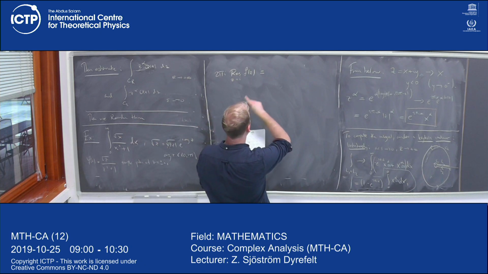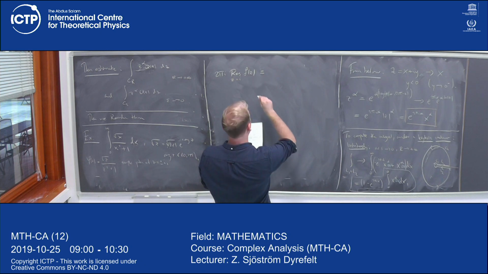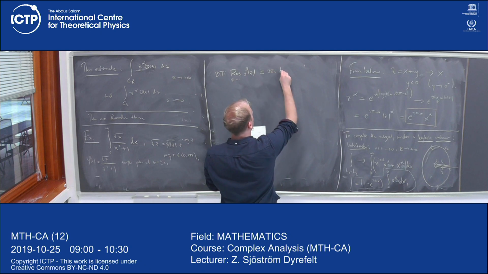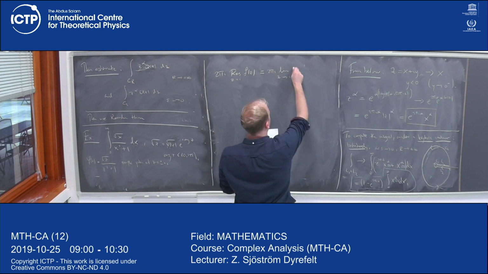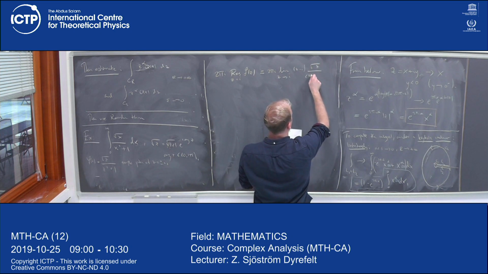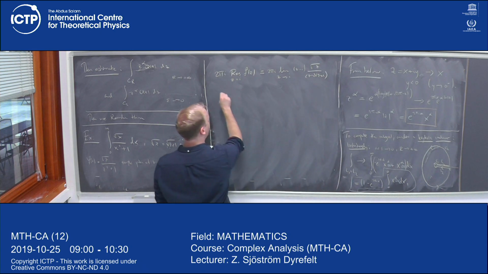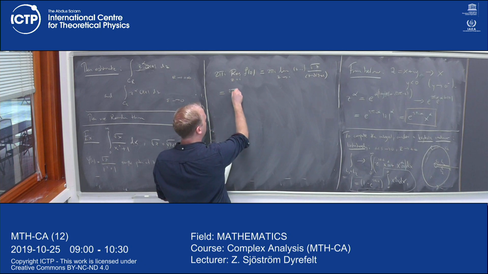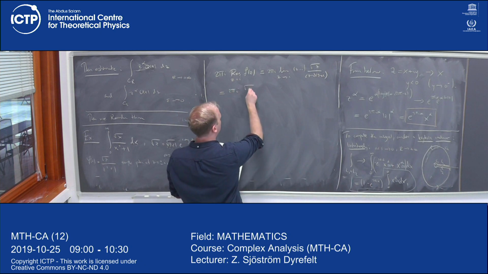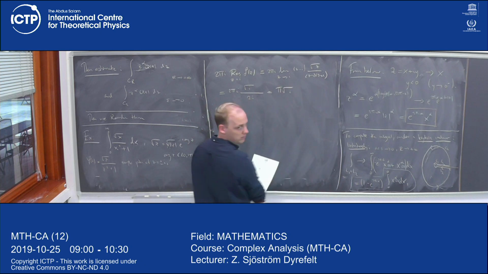In this case you use this limiting formula, so it's equal to 2 pi I times the limit as z goes to I of z minus I, square root of z, over z minus I times z plus I. Let me just do one carefully, which is equal to 2 pi I times the square root of I over 2I, which is equal to pi square root of I.